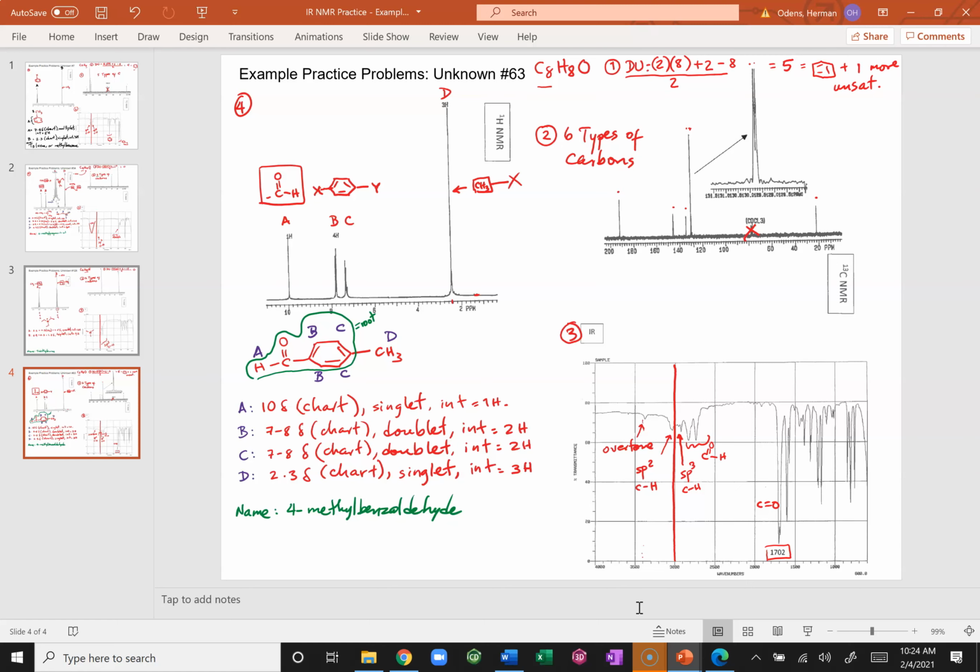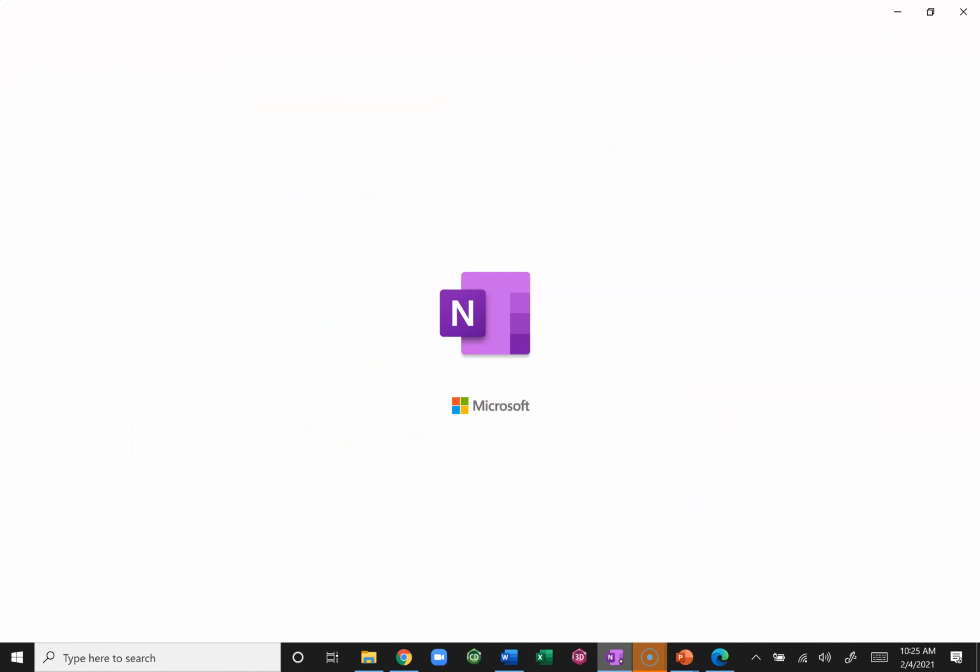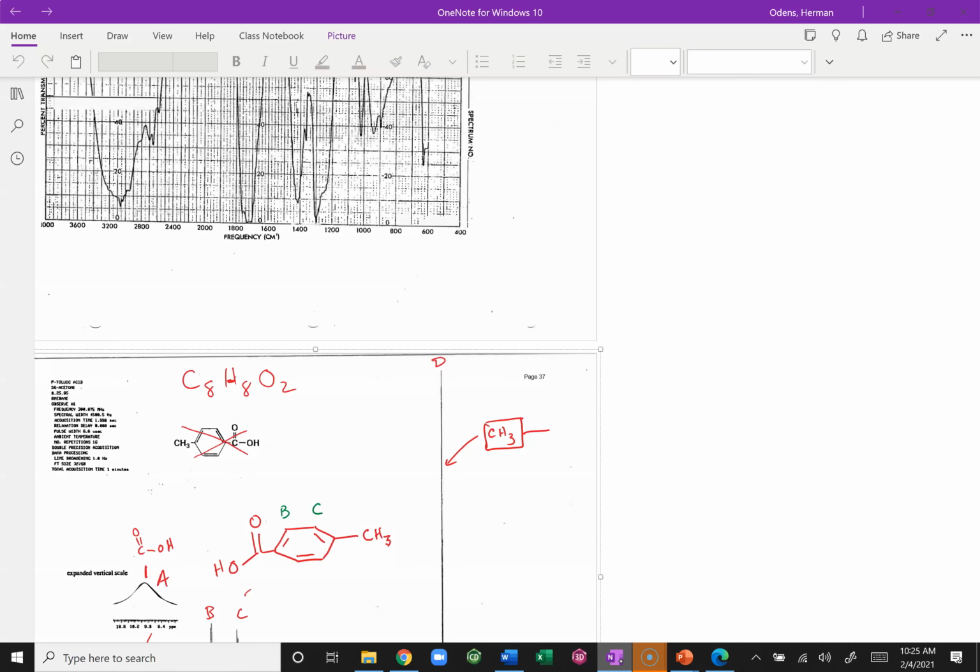If I have a plane of symmetry, I will put it right here between the carbonyl of the aldehyde and the methyl group. So the B's and the C's are mirror images, and that's easy to predict. But you will encounter pretty soon, by next week, a case where you will have something like this. Let me open this.